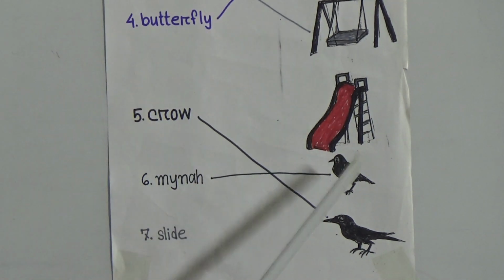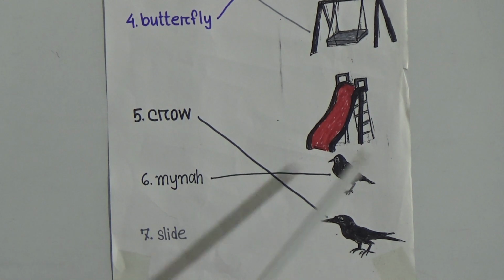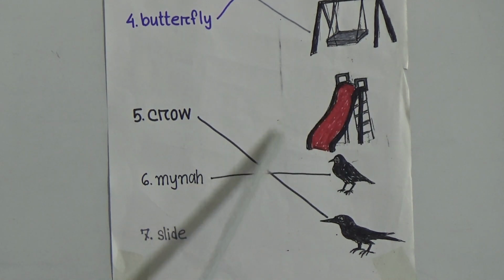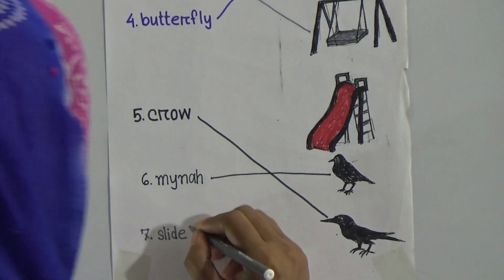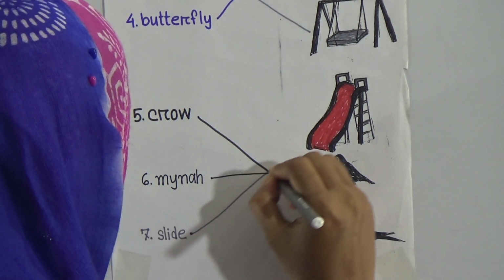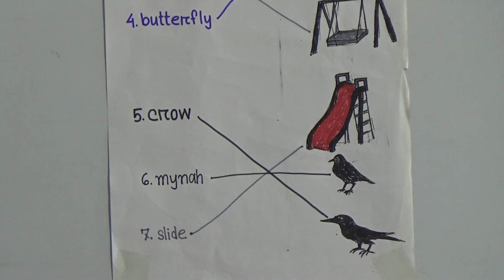So we matched everything, right? Except this picture and this word. So definitely we'll match them together. So students, this is the word slide and this is the picture of a slide. We matched them.